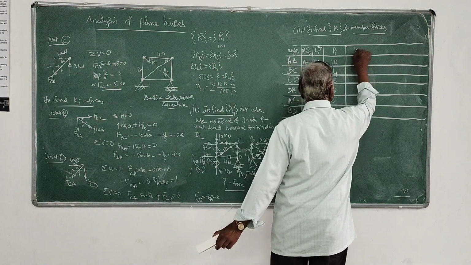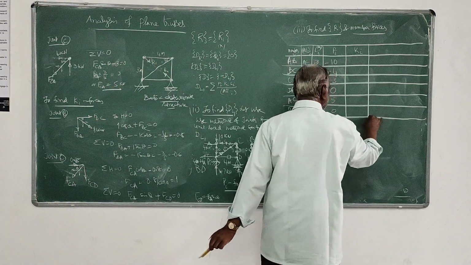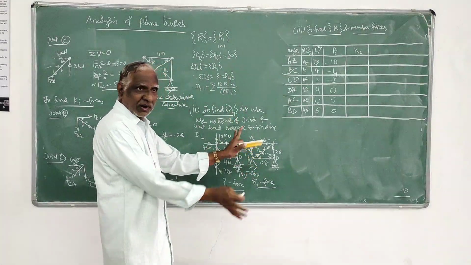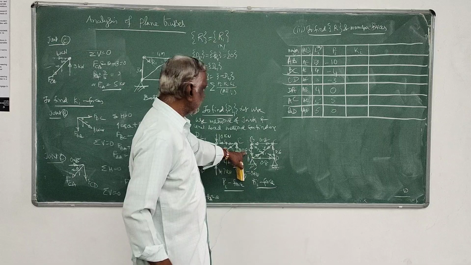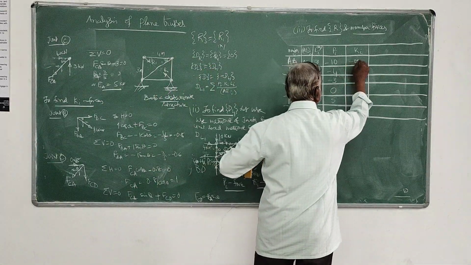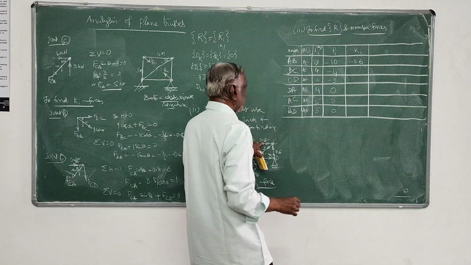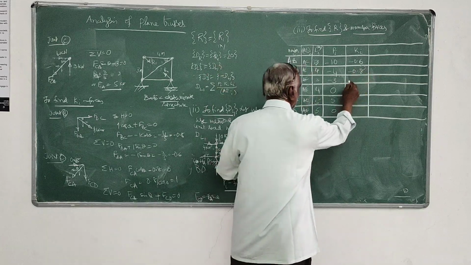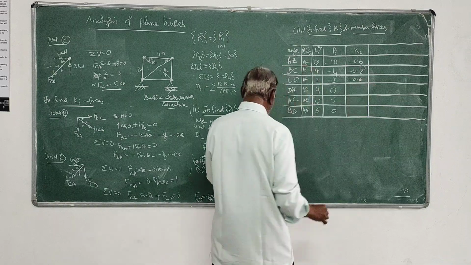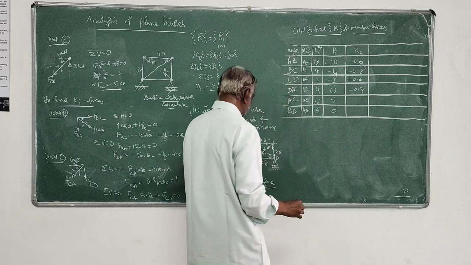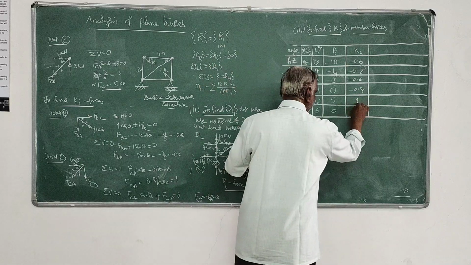Then K forces also you can tabulate, whatever you have determined in this sketch. This is very important, follow that. KI, AB is 0.6, again compression, minus 0.6. Then minus 0.8. Then minus 0.6. Then minus 0.8. Then this is 1 tensile.